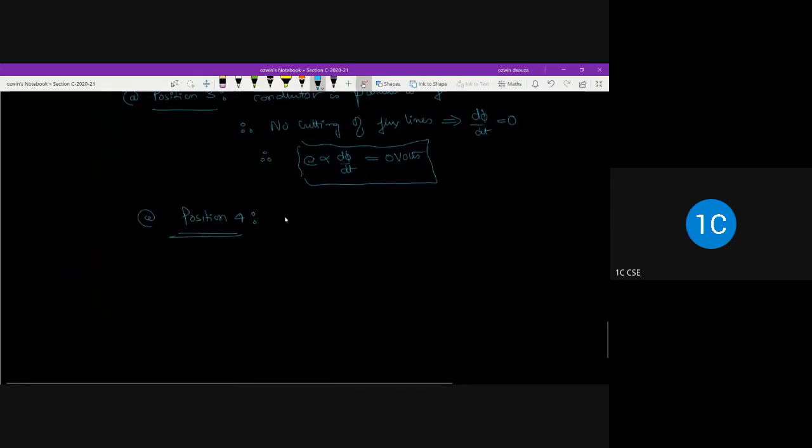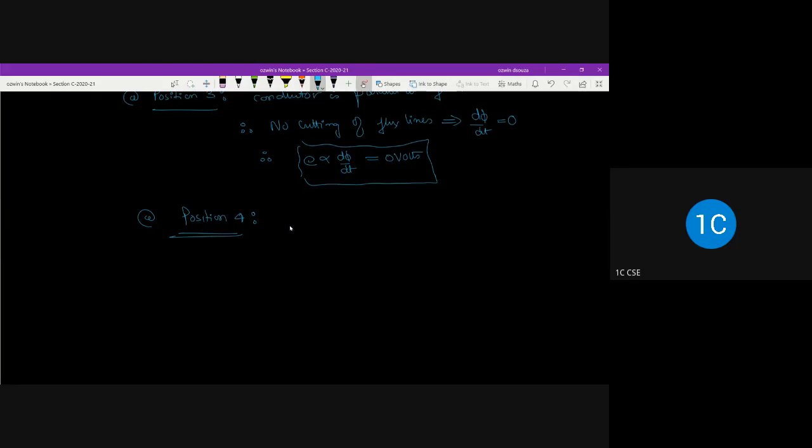But now the EMF induction is going to take place in the opposite direction, because the orientation of the conductor is now downwards. So the conductor moves perpendicular to the flux lines.